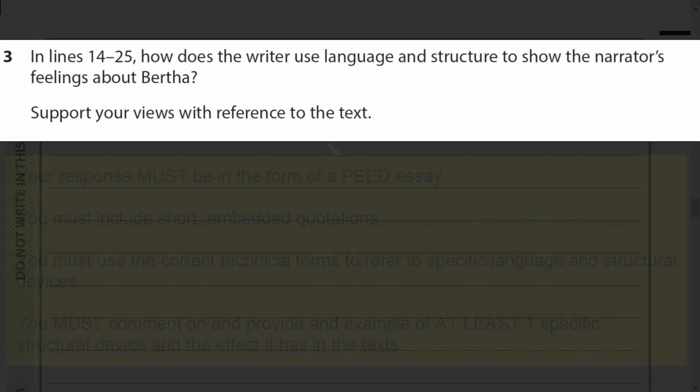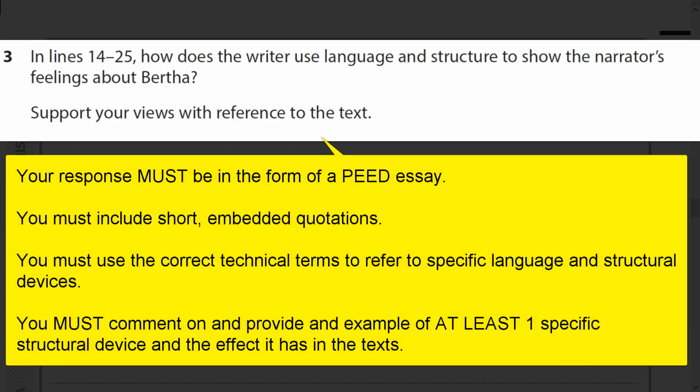This question requires an analytical PED essay response. This is the question where you need to zoom in to word, sentence and text level features. You need to use the correct technical terminology to refer to the features that you're identifying, and you must explain the effect of each technique that you identify.